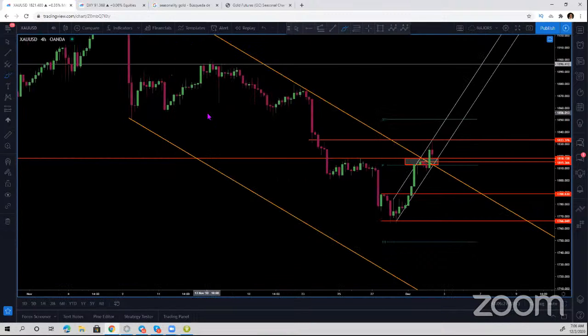But yeah, this half hour goes by very quickly, mate. Commodity pairs tend to have a very strong breakout when it happens.